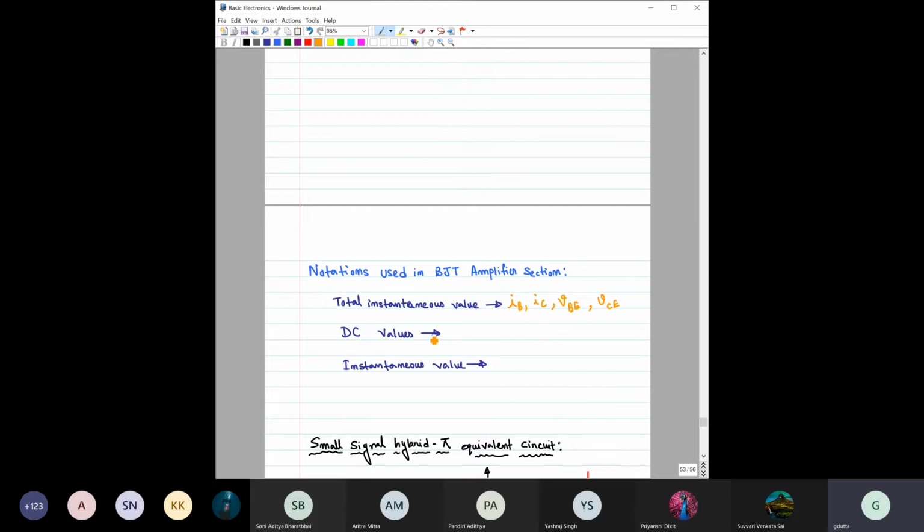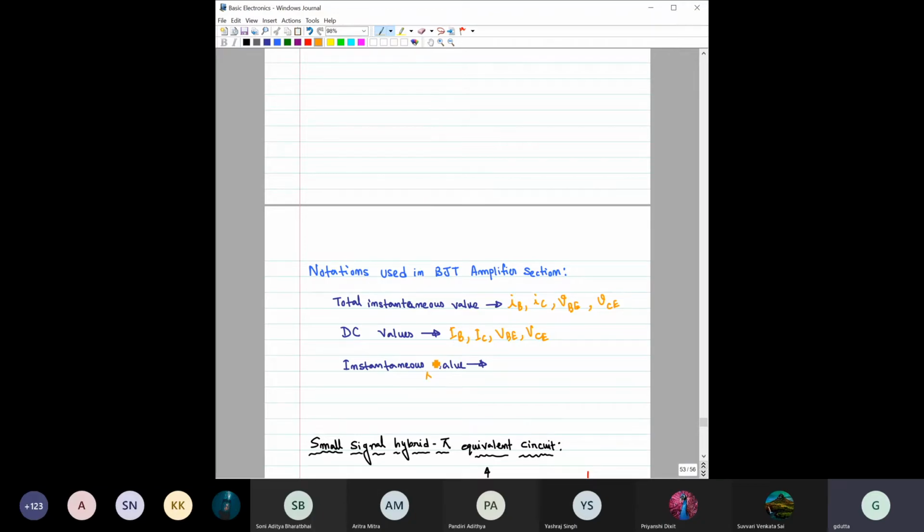When you consider only the DC value, you write IB, IC, V of BE, V of C, and we denote these DC values with all caps, with the subscripts also caps.